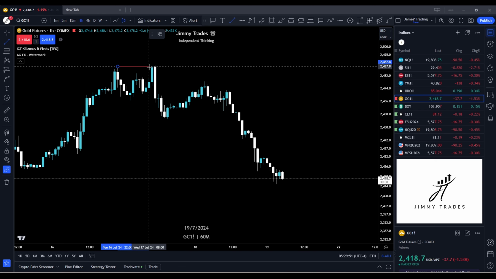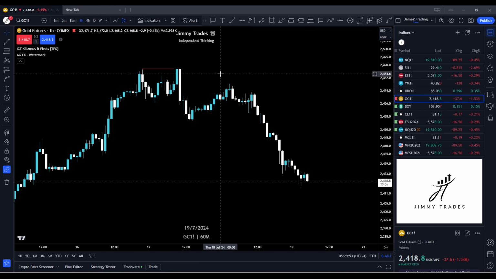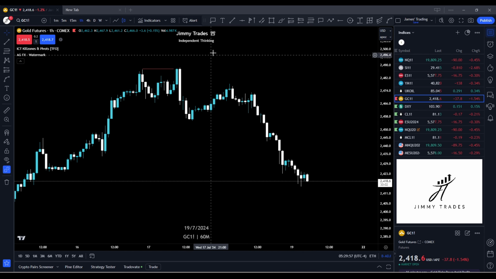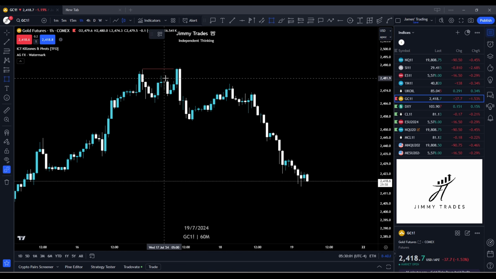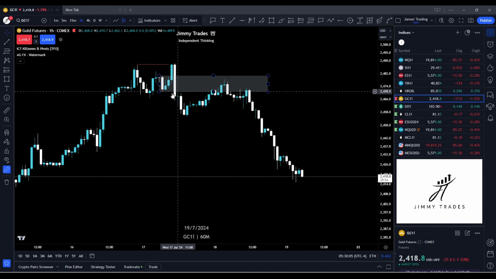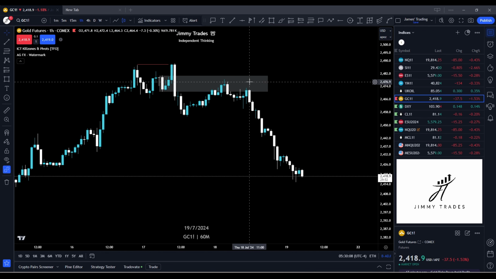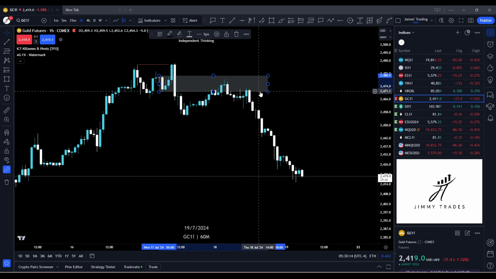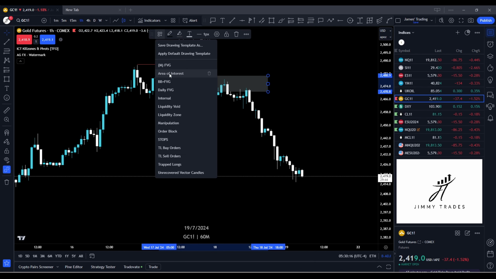High resistance liquidity. Breaker, hourly breaker with FVG aligned. Price respects the consequent encroachment or mean threshold, whatever you like to call it.